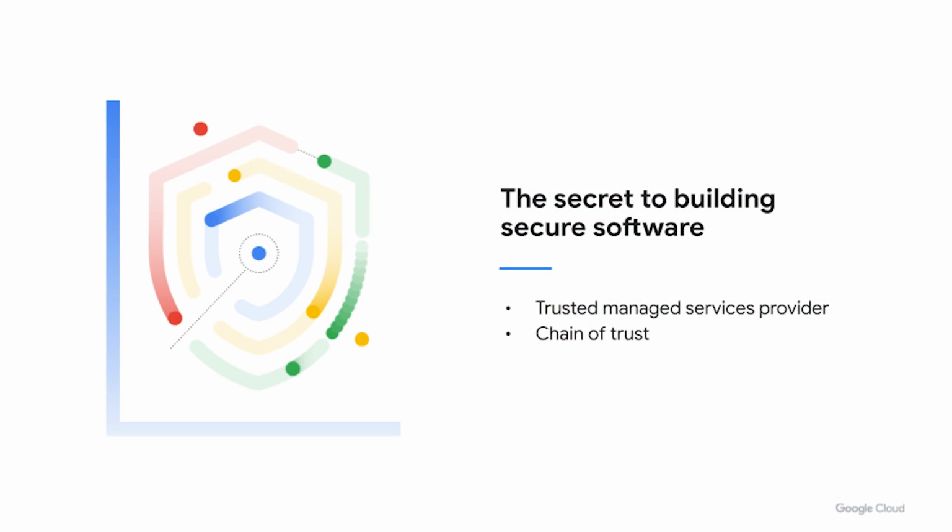But aside from using these managed services, it's also really important to secure the software that you create from general supply chain threats. So how do we do that? Securing your software requires establishing, verifying, and maintaining a chain of trust to establish the provenance, also known as the origin of your code.